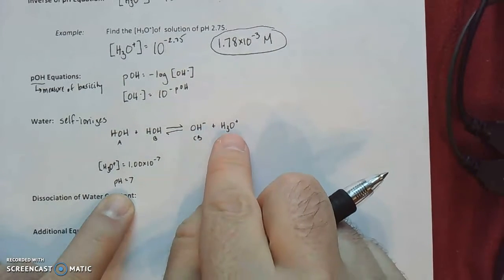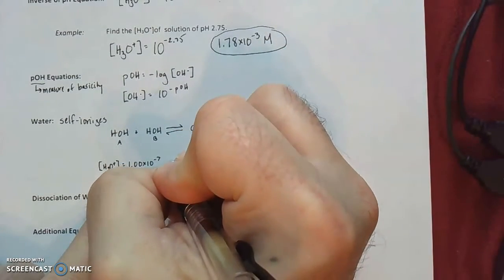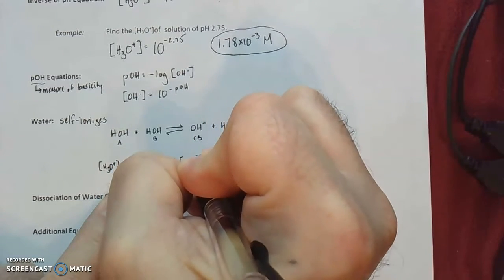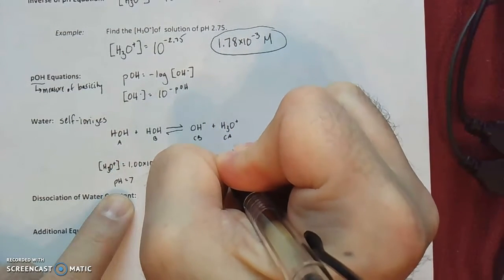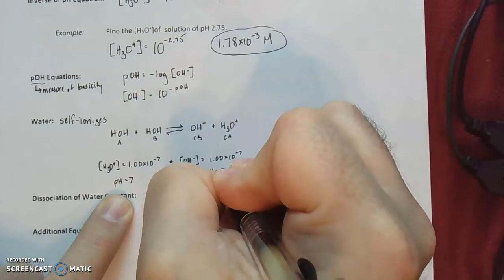But since this is a 1-to-1 ratio, we would also end up with an OH minus concentration equal to 1.00 times 10 to the minus 7 and give us a pOH of 7.